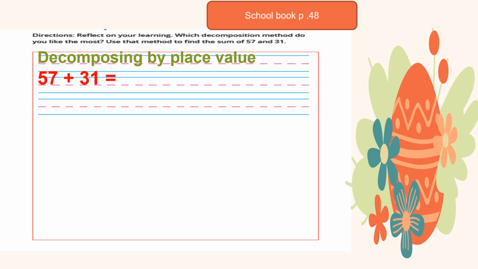Let's decompose 57. 50 plus 7. Let's decompose 31. It will be 30 and 1. Let's decompose 88. It will be 80 and 8.